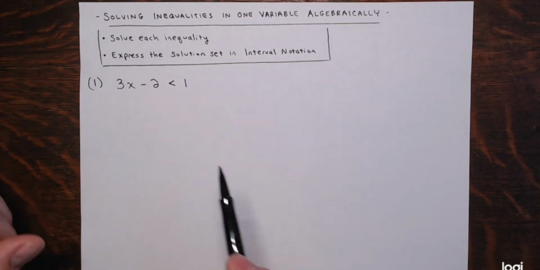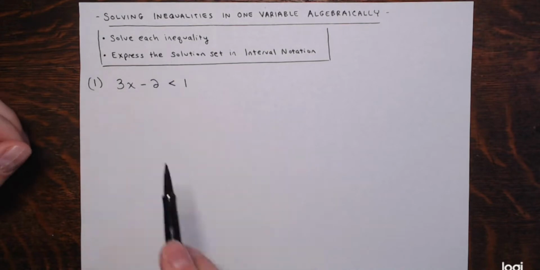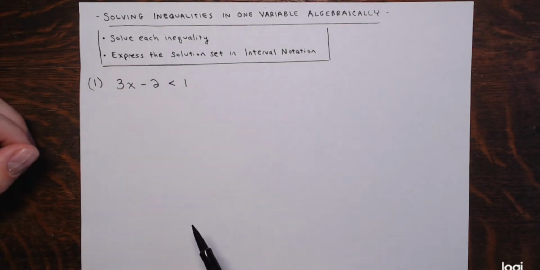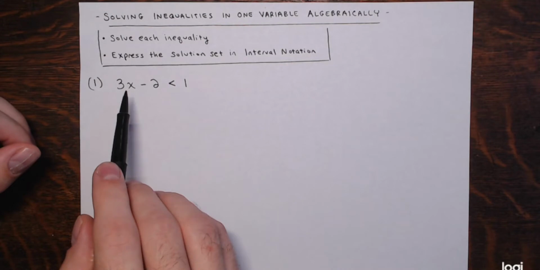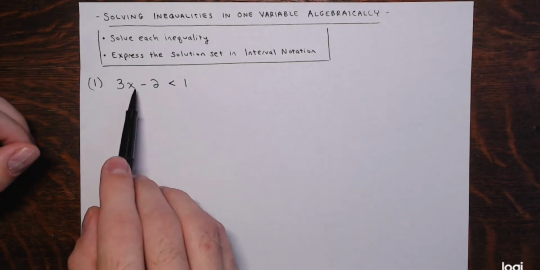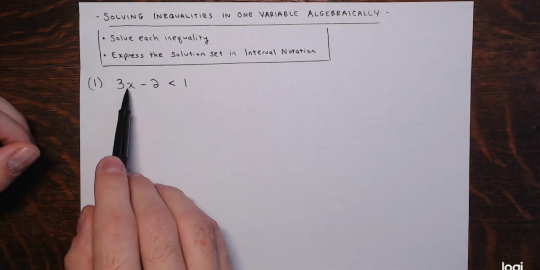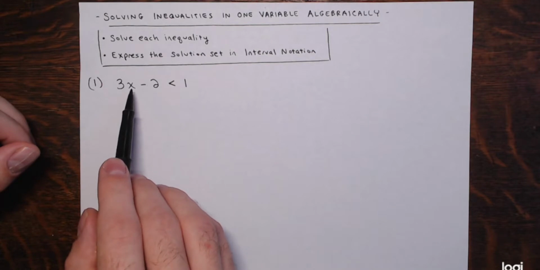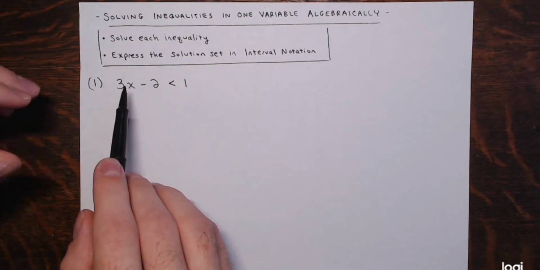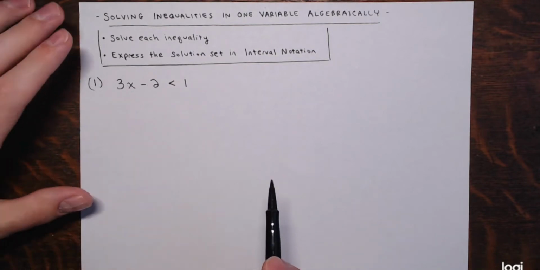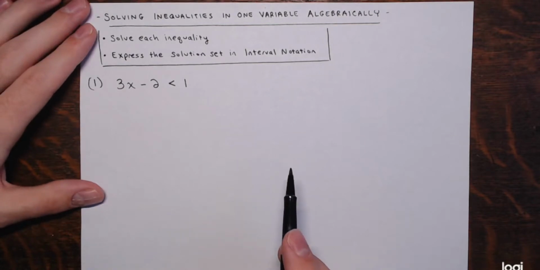Now, solving these inequalities in one variable, we're going to see that these are actually all linear inequalities. They'll involve polynomials where the highest degree term, the highest power on the variable, is the first power. Right? So all these examples are linear inequalities.